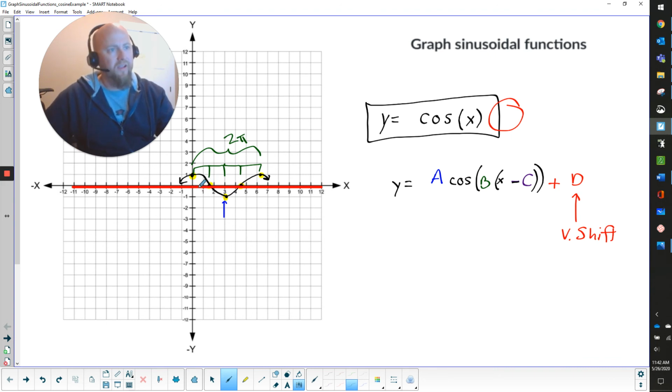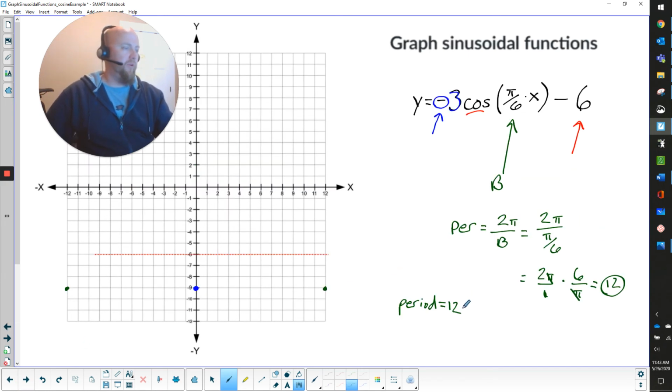On this one, I could divide each by 4, and I'm going to get pi over 2, and this is pi for that one, pi all the way there. So back to the period. Step 2, 12 divided by 4 gives 3 units to get my anchor points.